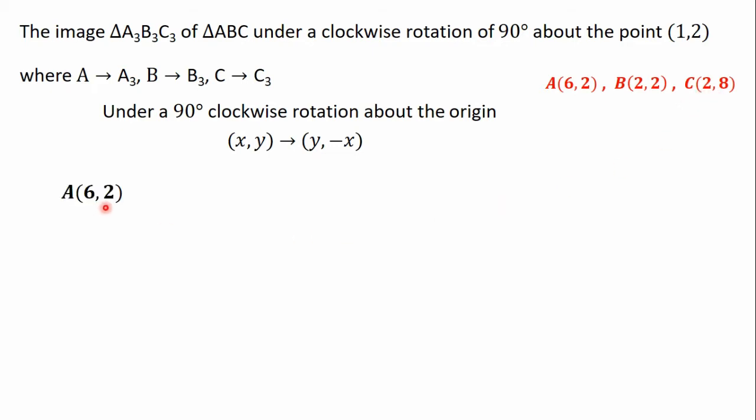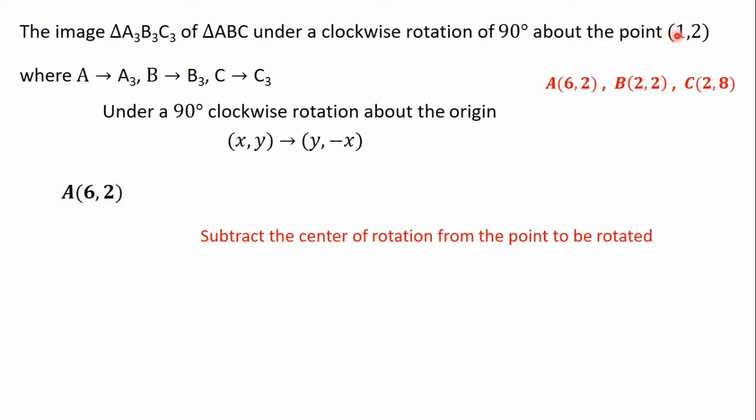So let's begin with point A with coordinates (6, 2). We have learned that in order to rotate a point in the xy plane about another point other than the origin, we will do that in 3 steps. The first step is that we will subtract the center of rotation from the point to be rotated. The center of rotation here is (1, 2). The point we are rotating is (6, 2).